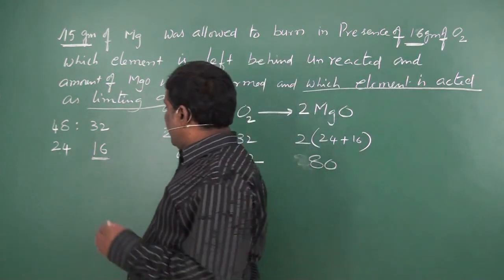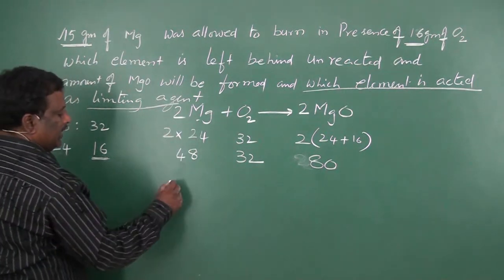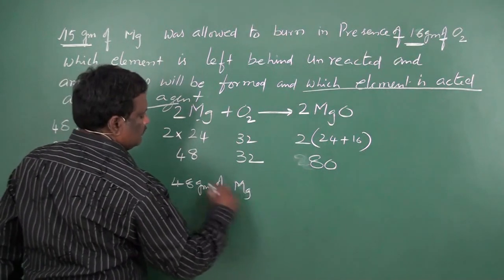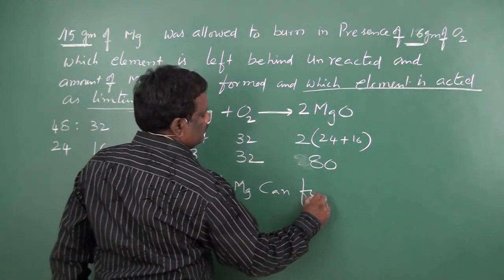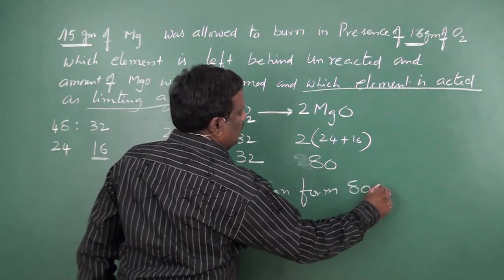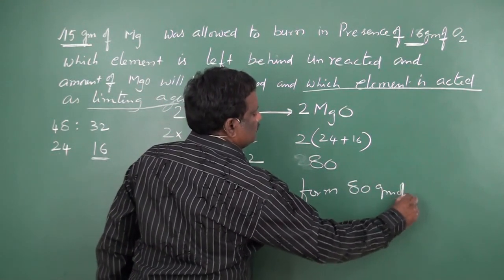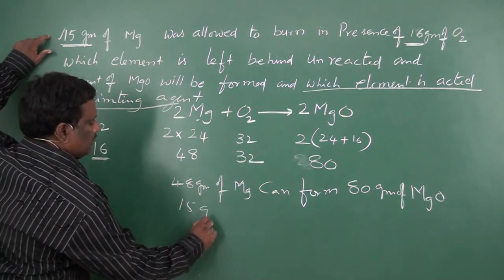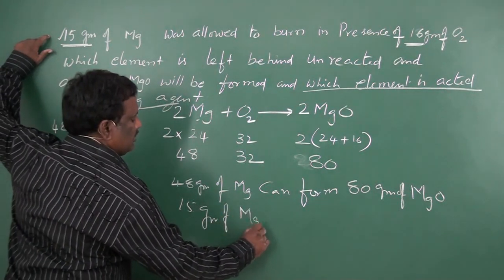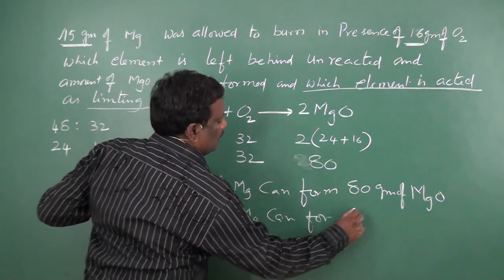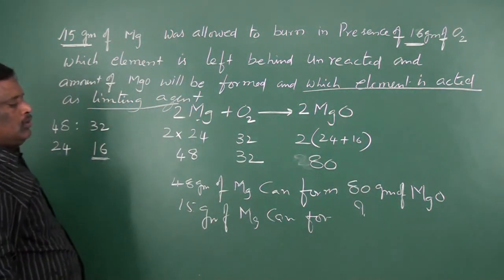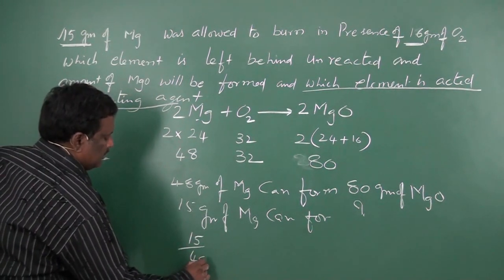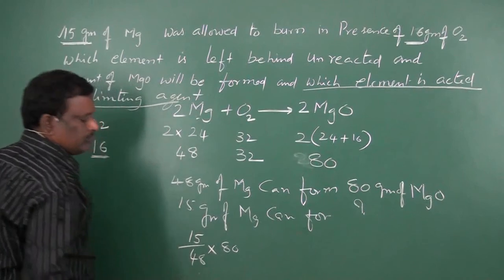So according to this reaction, 48 grams of Mg can form 80 grams of MgO. Then here we have only 15 grams. 15 grams of Mg can form how many grams of MgO? 15 by 48 into 80.